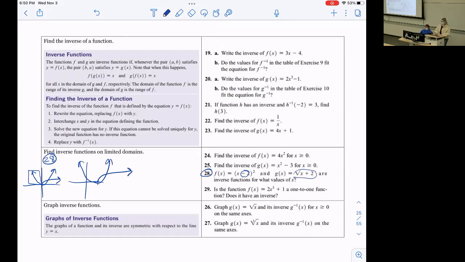So we know that they are only inverses from x equals 2, so it will only be inverses from 2 to infinity. Are there any questions about that? Somebody also wanted to go over number 24. 24.